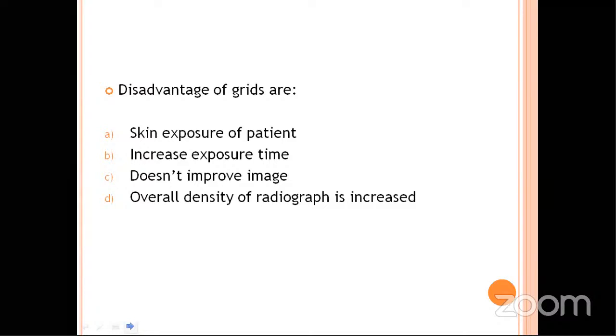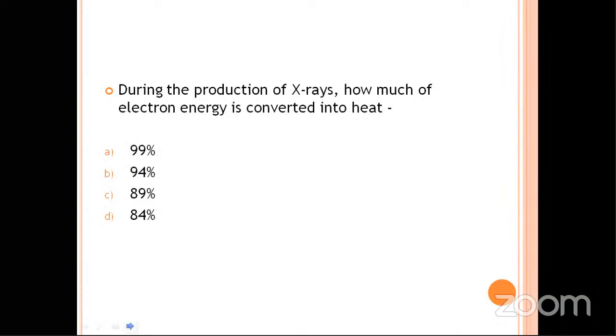So the main disadvantage is that it increases the exposure time. Grids are made up of alternate radio opaque and radiolucent strips. Radio opaque is something which appears white on the radiograph, and radiolucent appears dark. So it is alternately made up of lead and paper. And also the exposure while using the grids is increased.